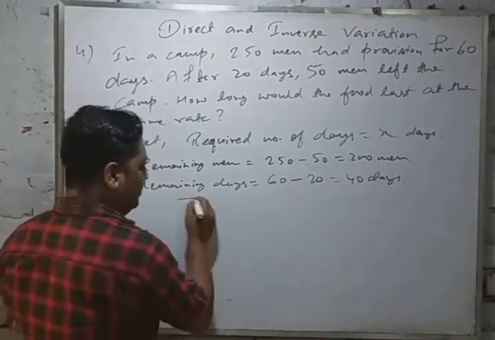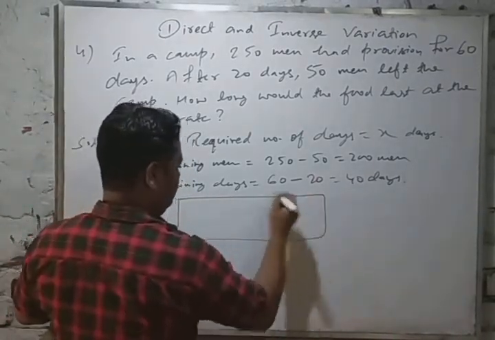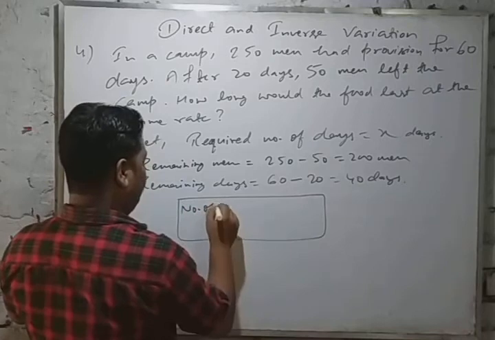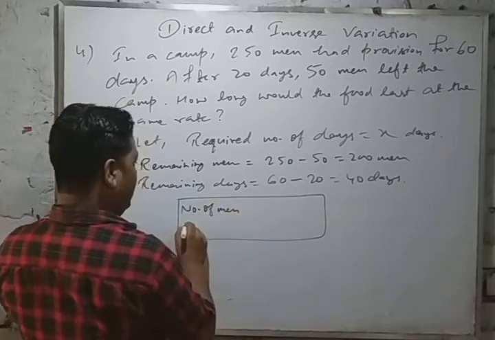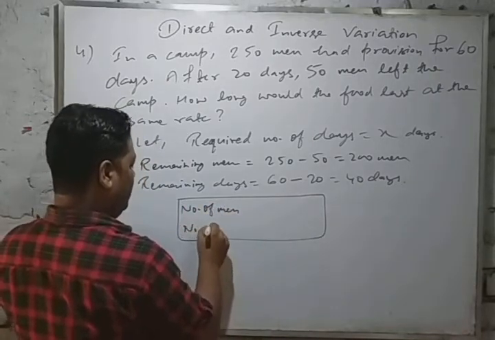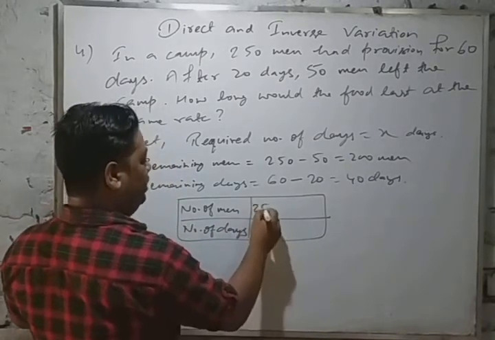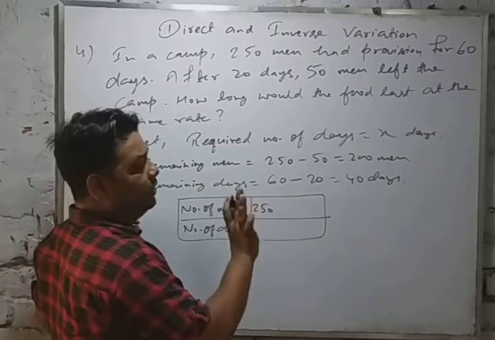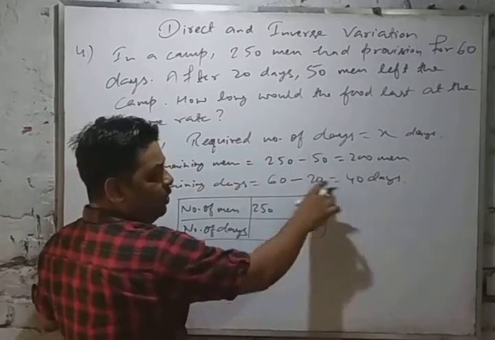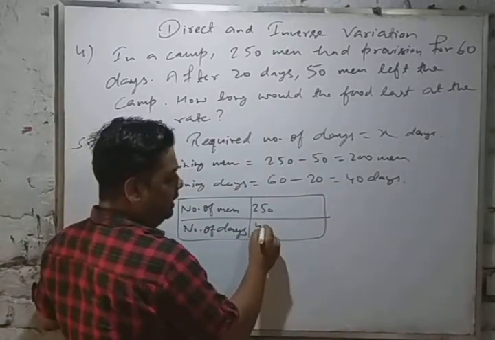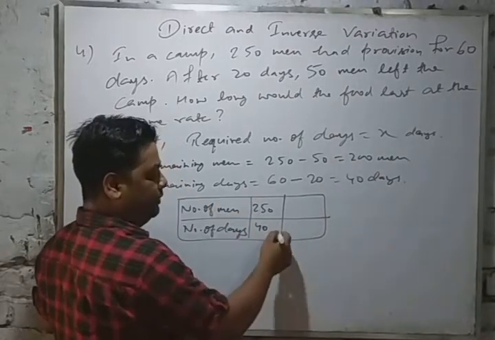It means now we will make a box: number of men and number of days. It means the food lasts 40 days for 250 men. Okay.